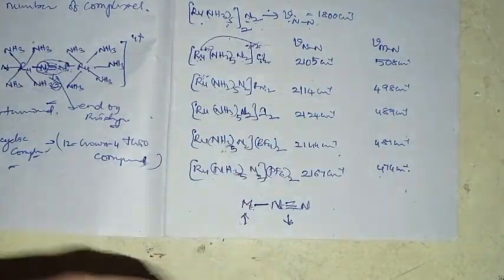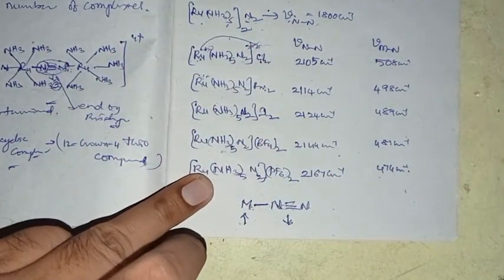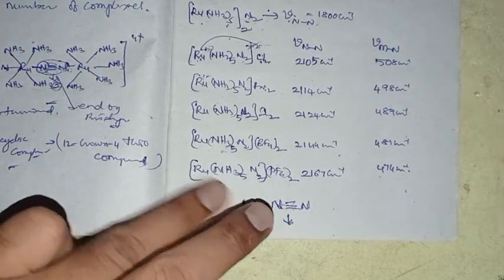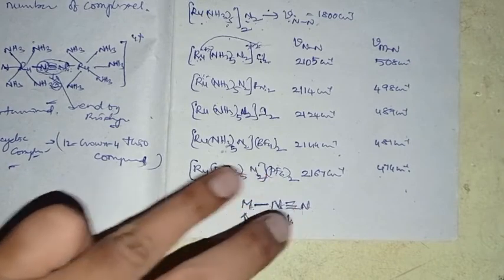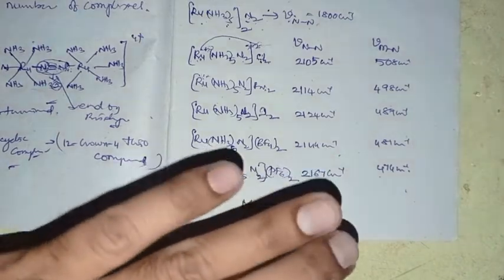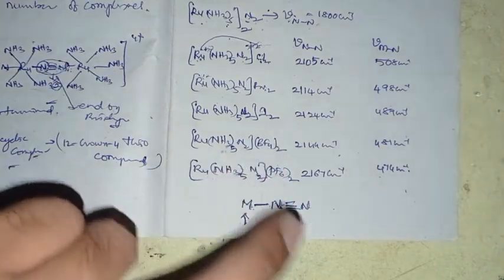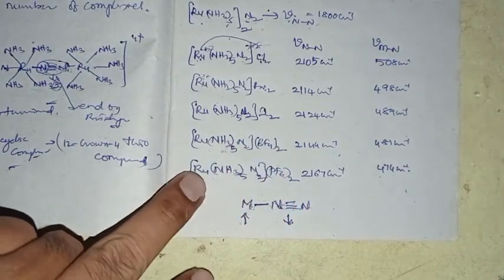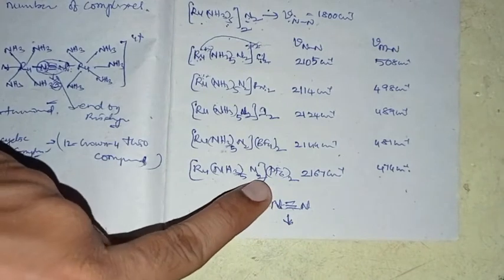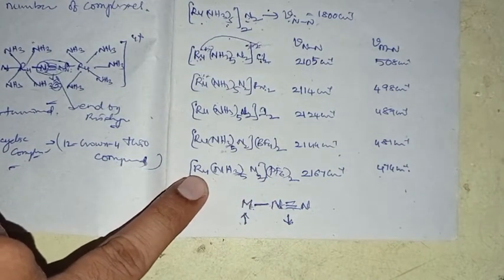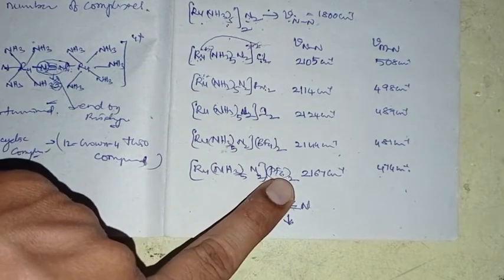The deficiency is weaker. So when the deficiency on ruthenium is very weak, the metal to dinitrogen ligand bond will be least effective, right. The bond will be very weak, since the ruthenium cannot accept effectively from the nitrogen side, since its electron deficiency is very weak with respect to the primary sphere, right.